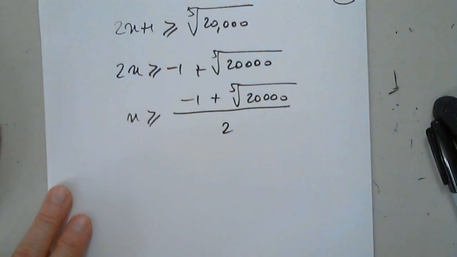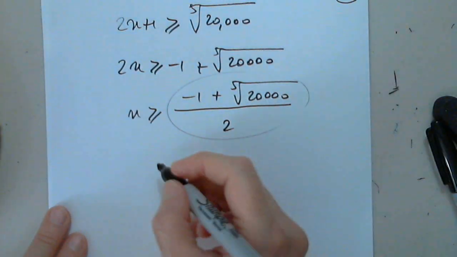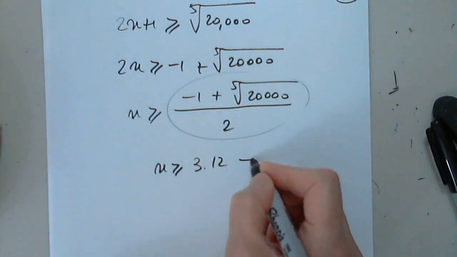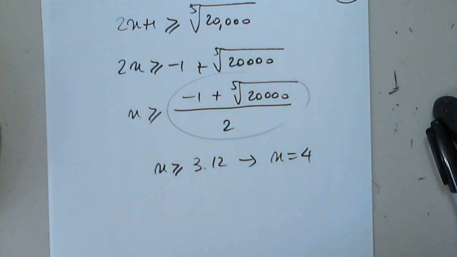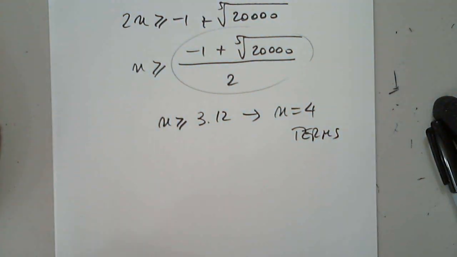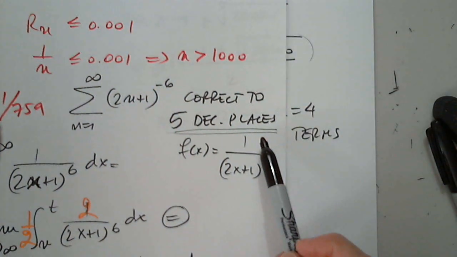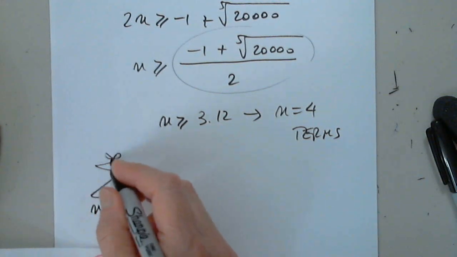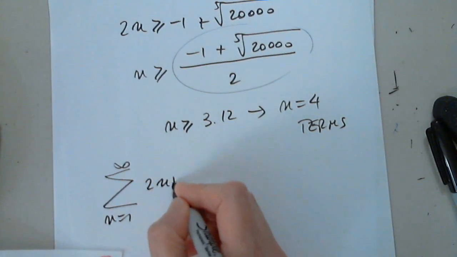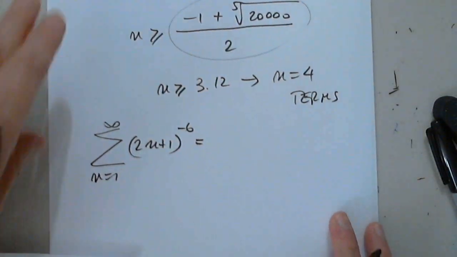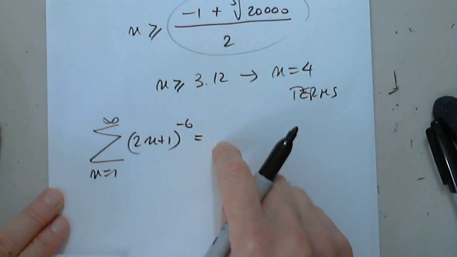When you calculate this, what I have is 3.12, so n must be 4 terms. So we will approximate, correct to 5 decimal places, this sum from n equals 1 to infinity of (2n plus 1) to the negative 6 by 4 terms.